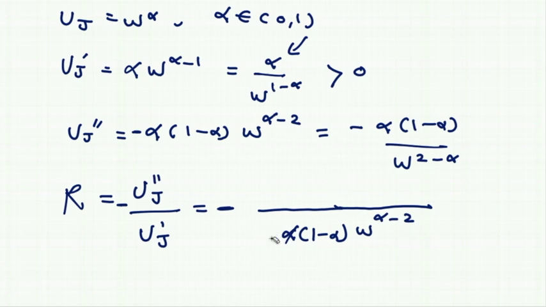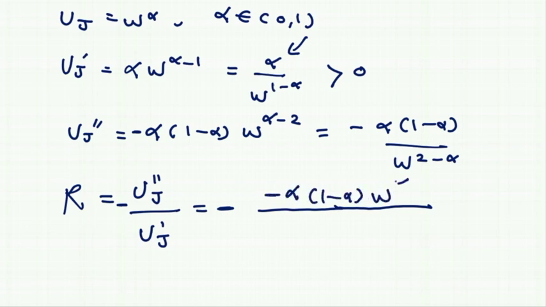If you have a huge mistake here, your answer will be invalid, and the explanation is also invalid. Now anyway, we should take u double prime of W. Let's write it here: minus alpha times 1 minus alpha, W to the power of alpha minus 2, and then on the denominator, take the first derivative of the utility, which is alpha times W to the power of alpha minus 1.